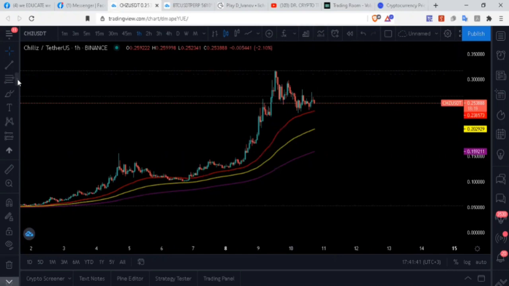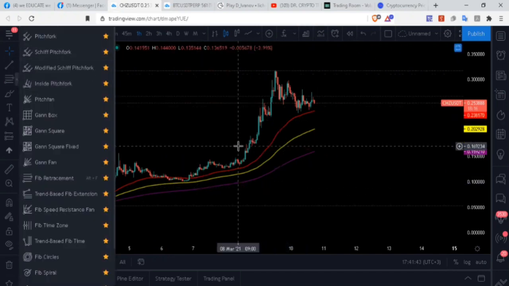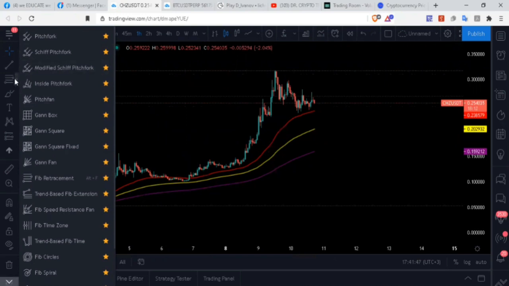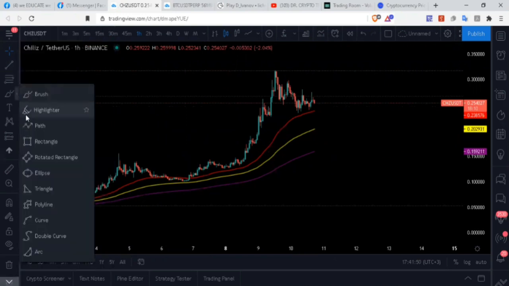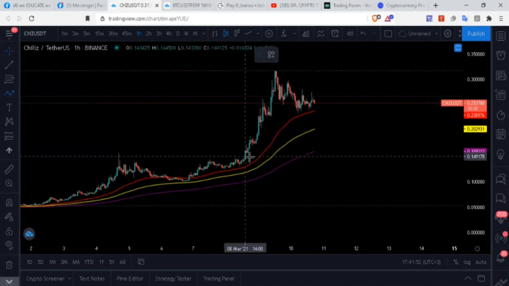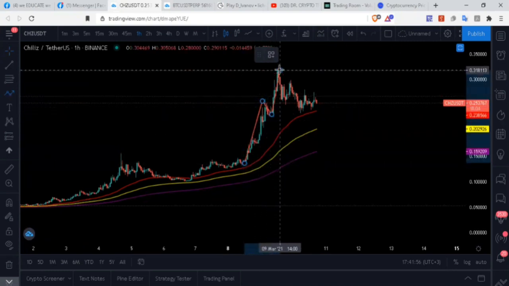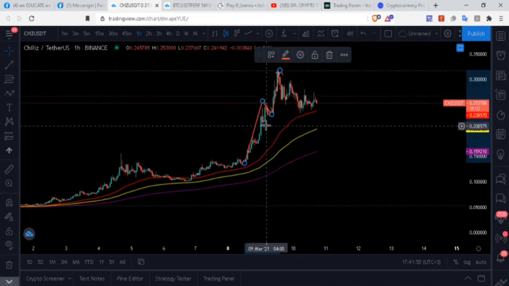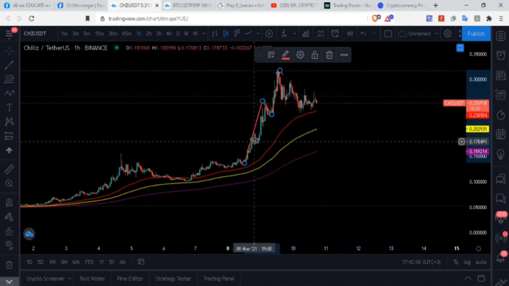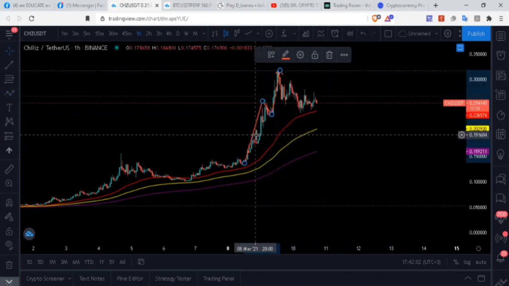Have you noticed? Even without moving averages, we can check that the price is trending. It's in uptrend. See here is a higher high, higher low structure. That's uptrend. Structure is uptrend.